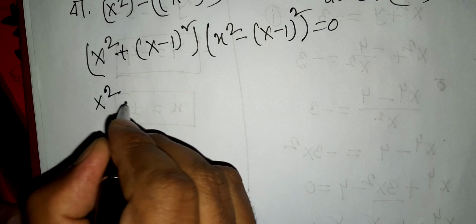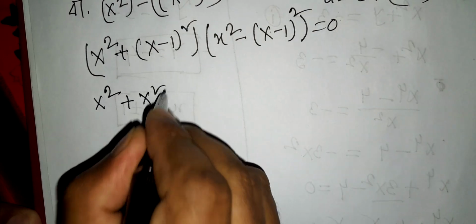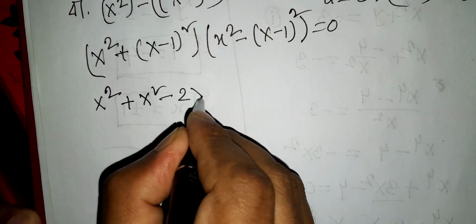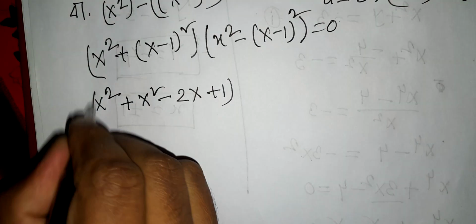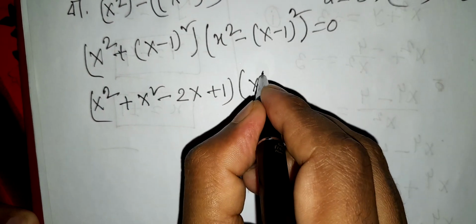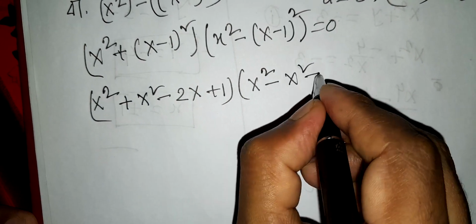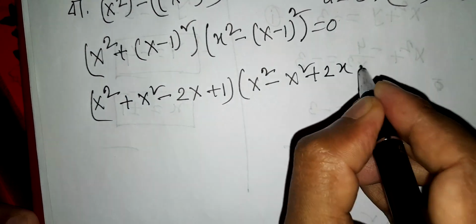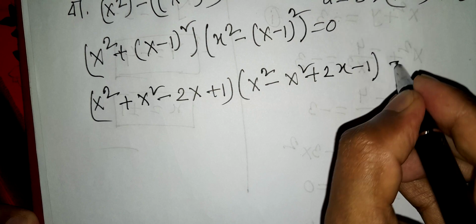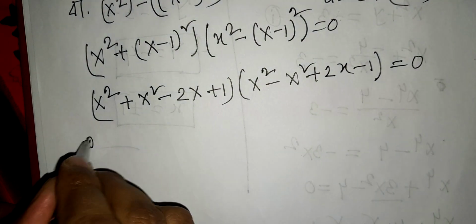Then we can write x square plus x square minus 2x plus 1, and here x square minus x square plus 2x minus 1 equal to 0.